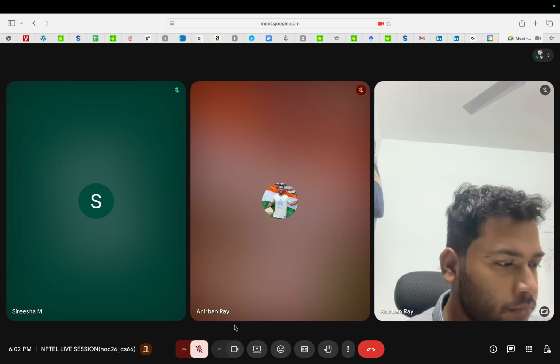We have to see that for writing each equation here, suppose this first neuron in the first layer, the a term, let's say a1.